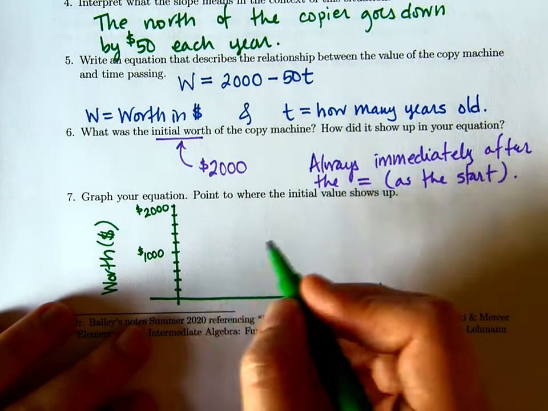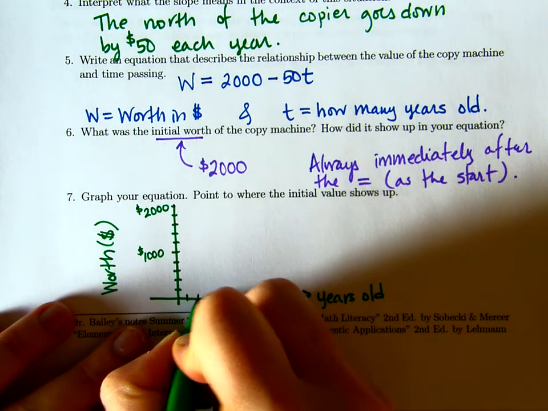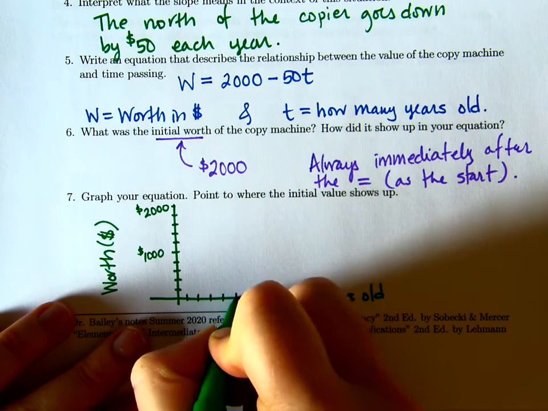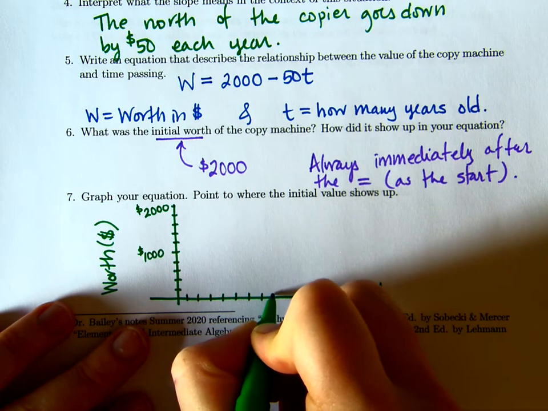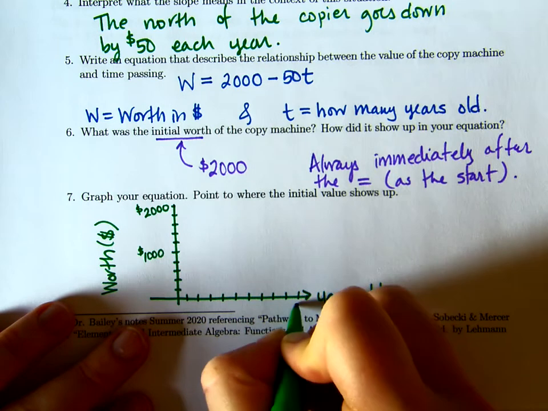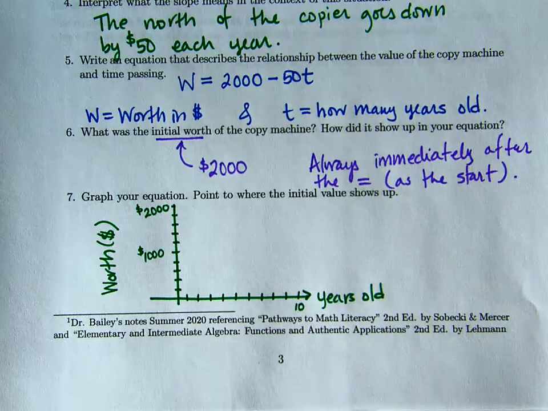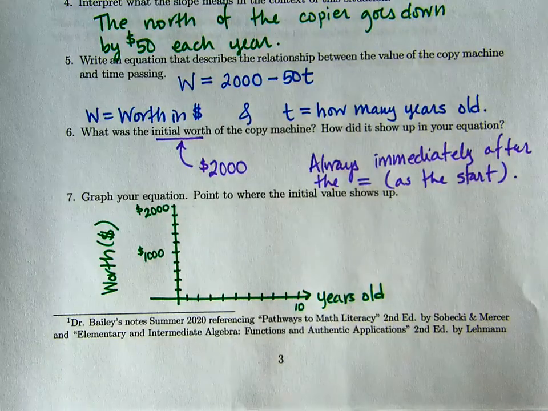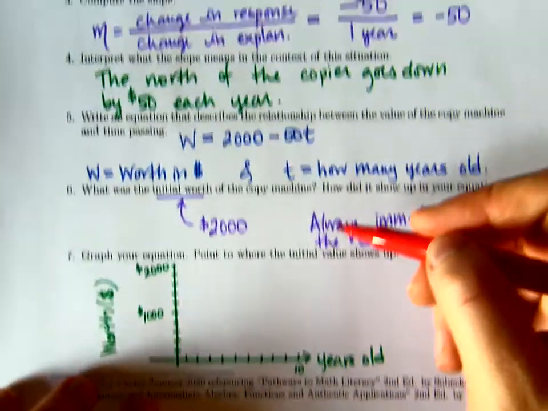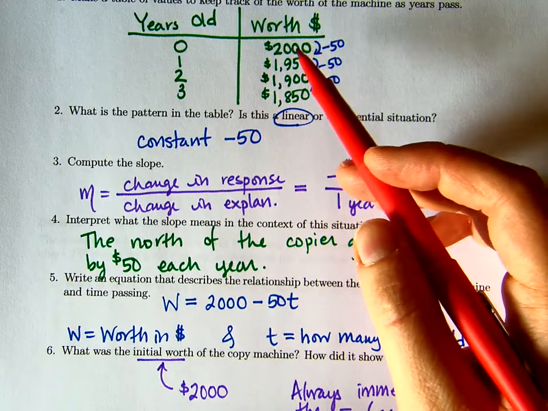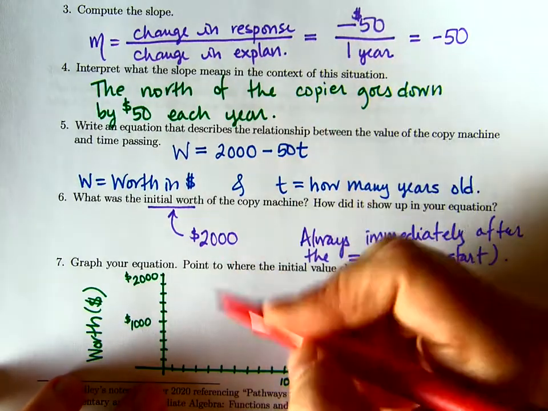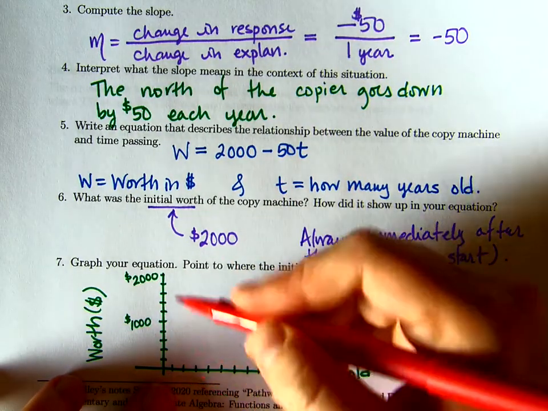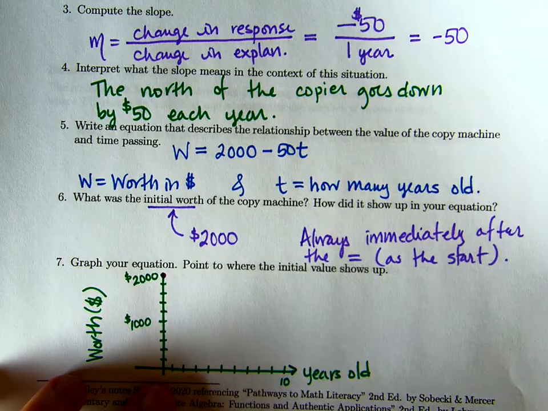Okay, and let's see. We'll go out to 10 years old. All right, here we go. Let's see what we can do. It starts at 2,000. So after 0 years old, it is worth $2,000.